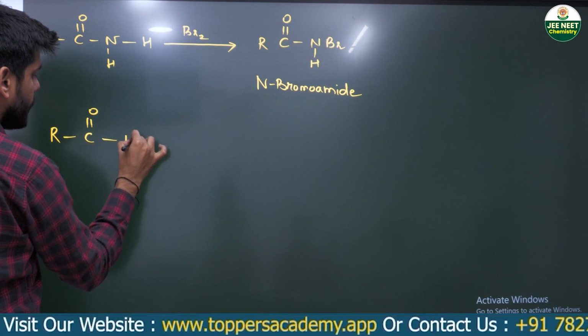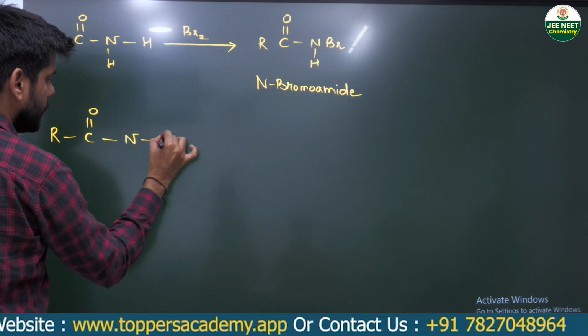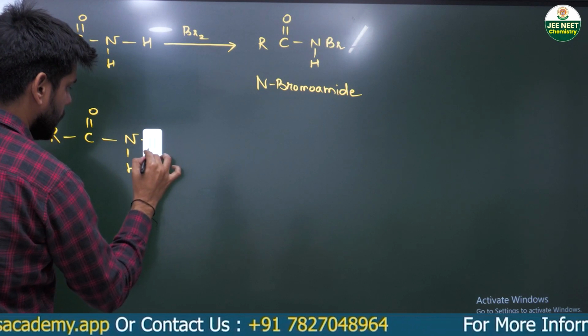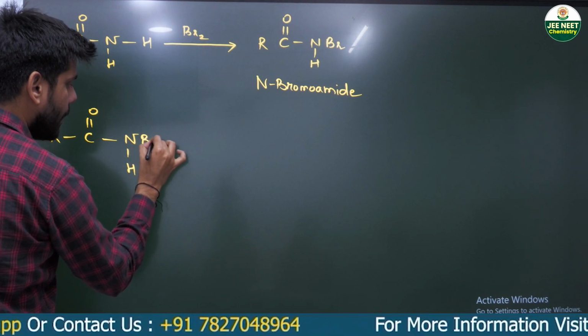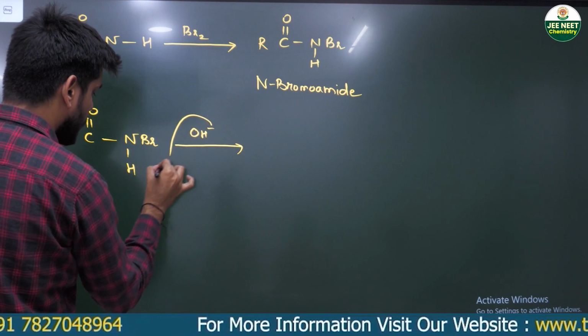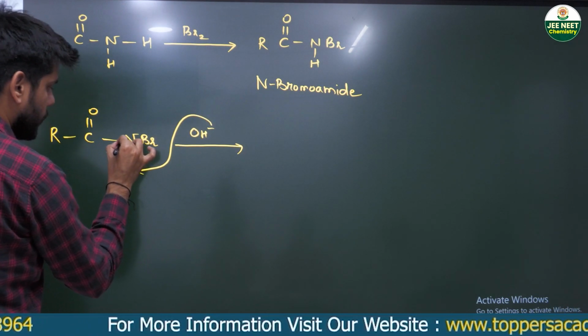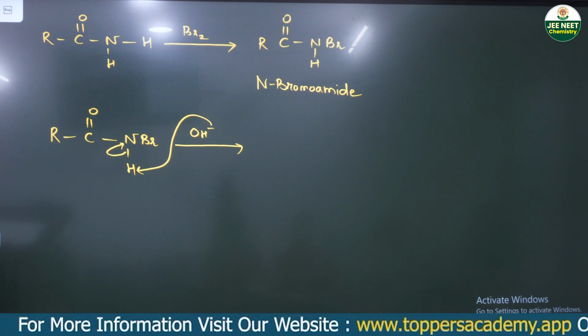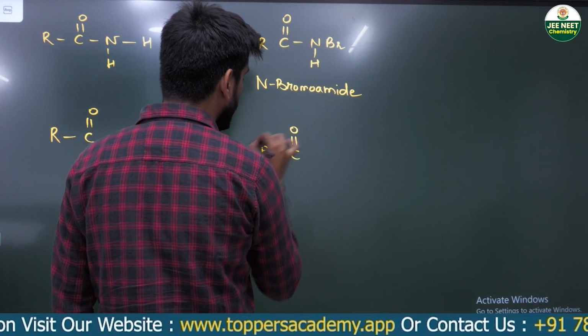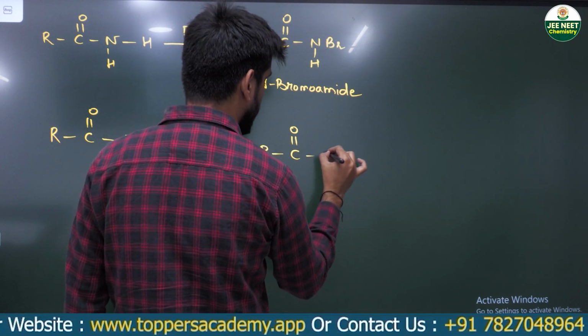What will happen? This H, you have a base. So the base will abstract this particular H and these electrons go to nitrogen. Is that clear? So what will happen? R, C double bond O, and this is your N negative.